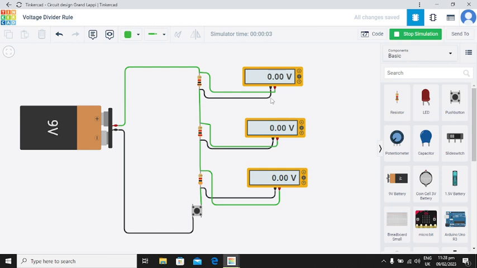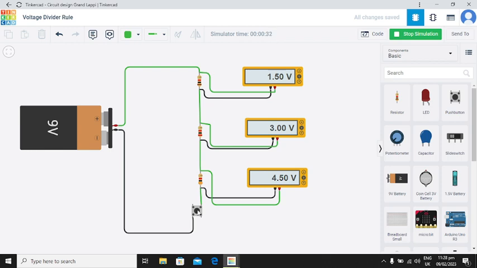So here you can observe the multimeter 0 volt, 0 volt because our switch is off. I'm going to press this button, switch will be on, and you would observe the voltage divided across these resistors: 1.50, 3 volt, and 4.50 volt.